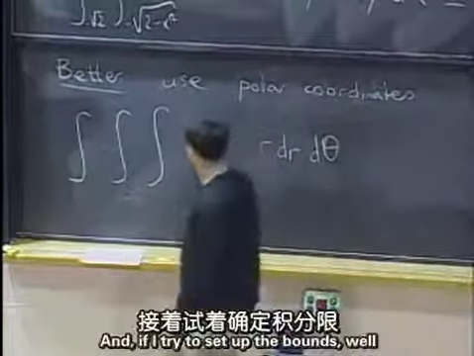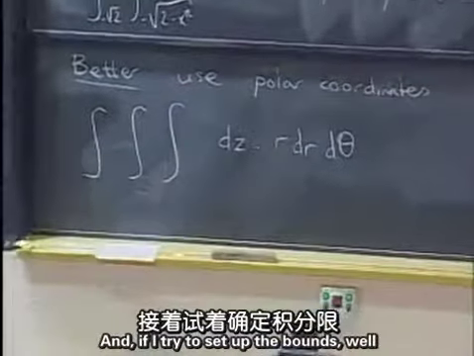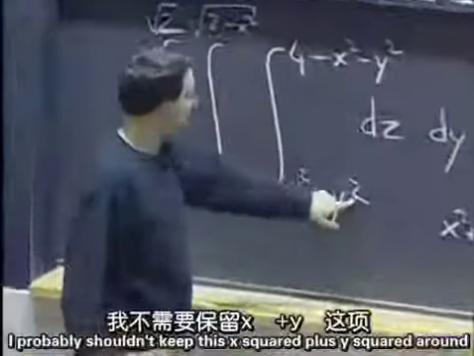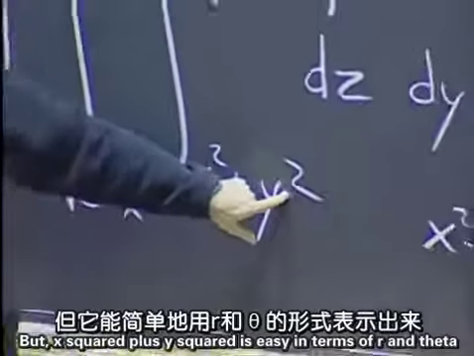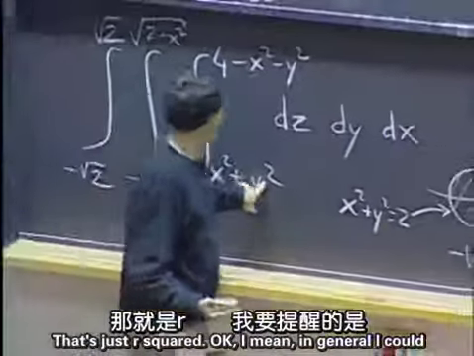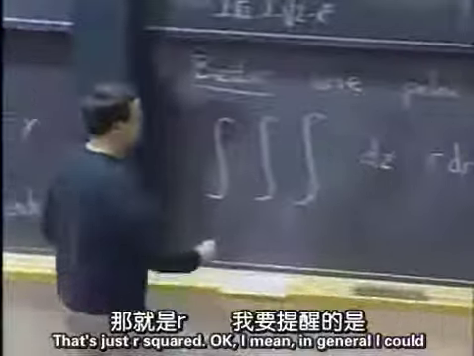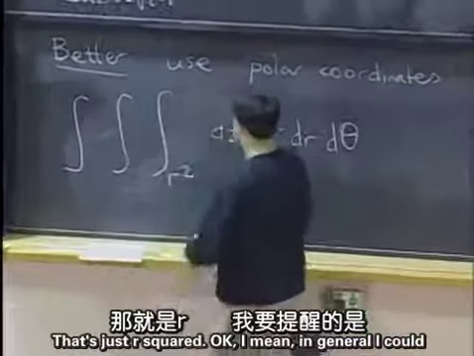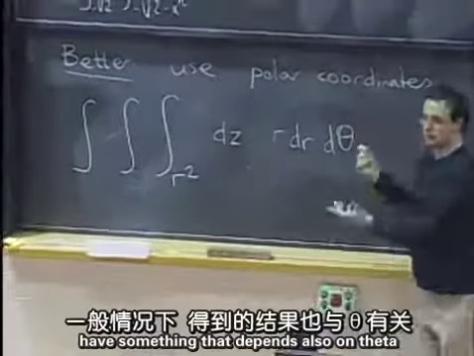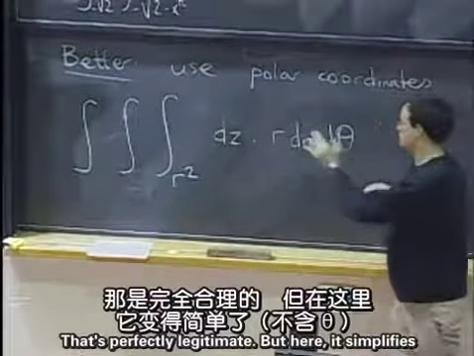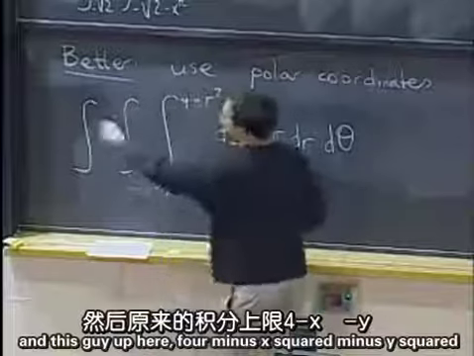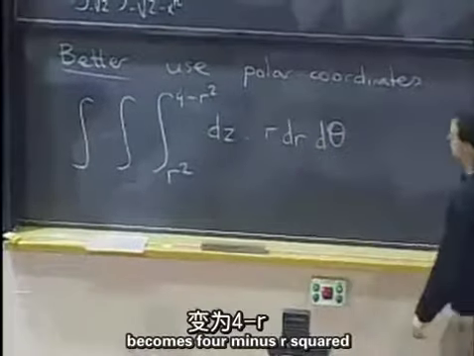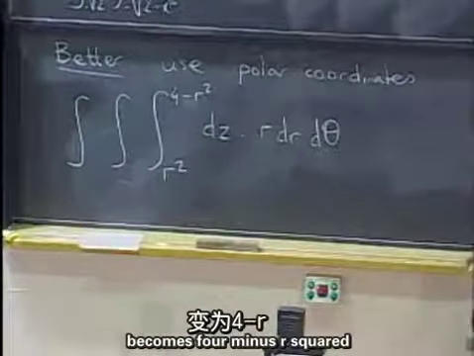And if I try to set up a bound, well, I probably shouldn't keep this x squared plus y squared around. But x squared plus y squared is easy in terms of r and theta. That's just r squared. In general, I could have something that depends also on theta. That's perfectly legitimate. But here, it simplifies, there's only r. And this guy up here, 4 minus x squared minus y squared, becomes 4 minus r squared.